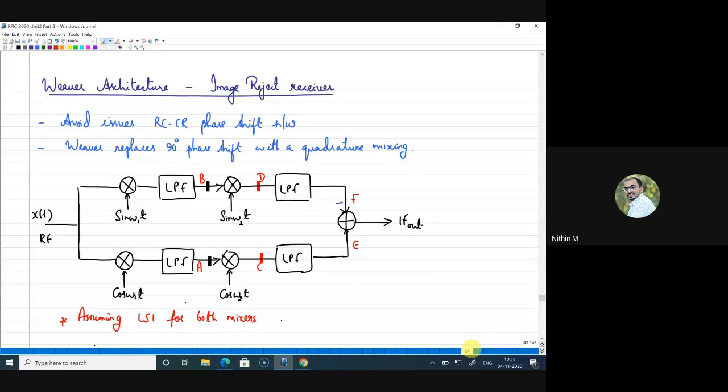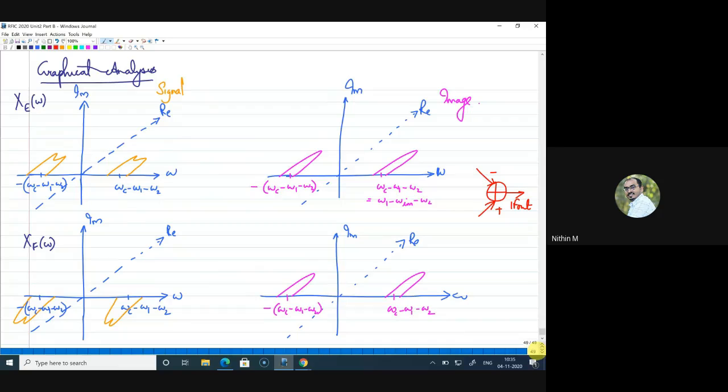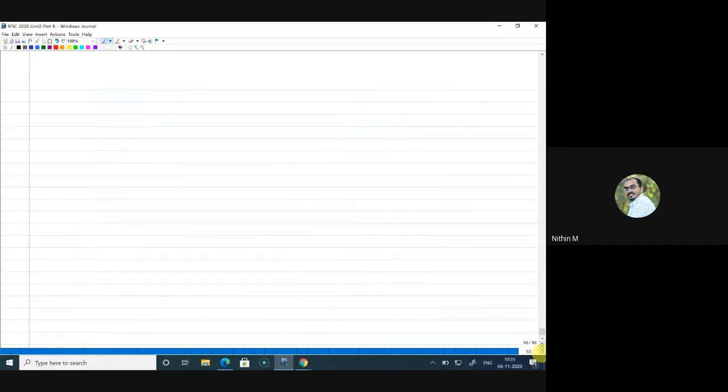One more image, yes, secondary image, that is true. So that is one thing we need to understand in this Weaver architecture, the problem of secondary image. Let us see what a secondary image is.